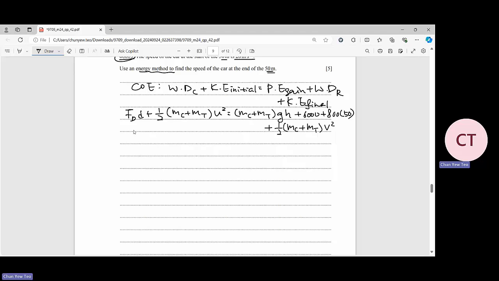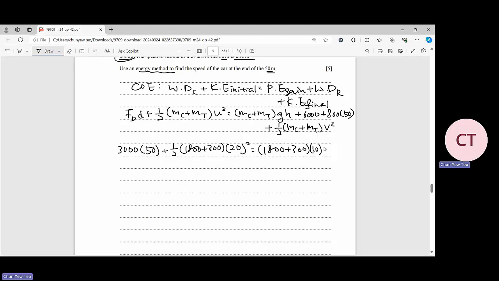So now we just put in the things that we have. We have the driving force as 3,000, the distance is 50, the mass of the car mc is 1,800, mt is 300. The speed at the beginning is given in the question as 20 meter per second. m is equal to 1,800 plus 300.